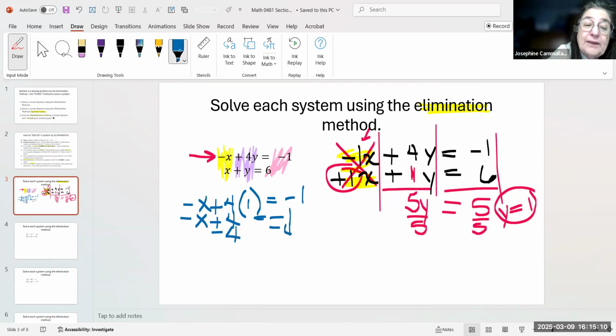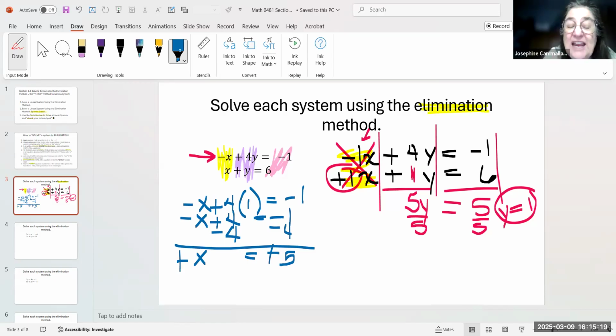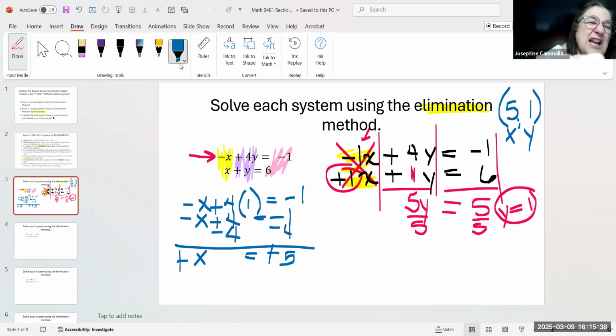Subtract 4, and notice I get a negative x is equal to a negative 5. But remember, I'm dividing by negative 1. So my answer right now is the x value, which is positive 5, 1. This is my xy. This should be my solution. But just to make sure, you see this equation right here?